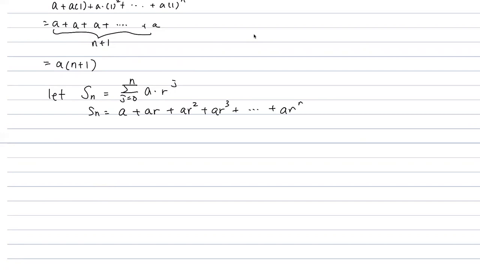And now I'm going to multiply by r on each side. So I will have r times s of n, which is equal to a times r plus a times r squared, because each term I multiply by r, plus ar cubed plus ar to the 4th, dot dot dot, and then the last term we have ar to the n times r, which should be ar to the n plus 1.